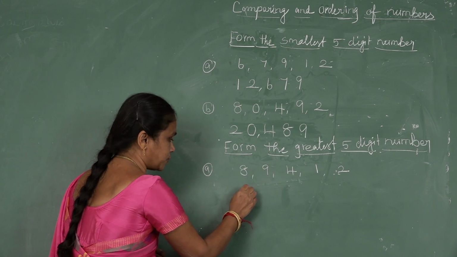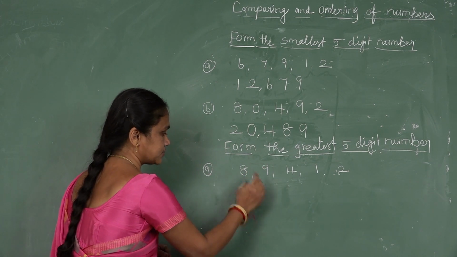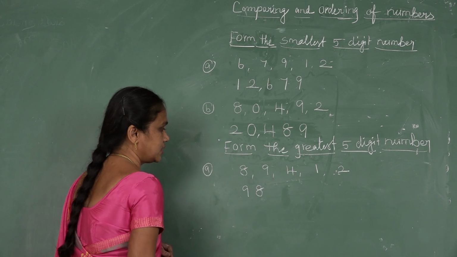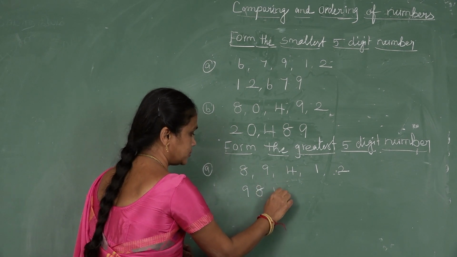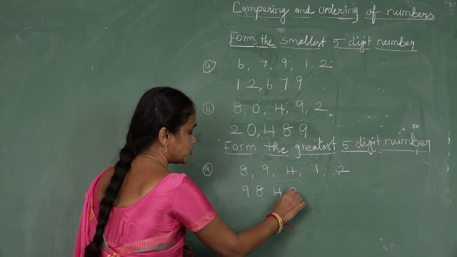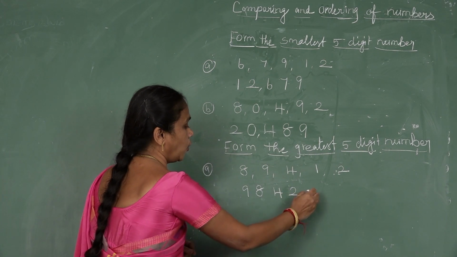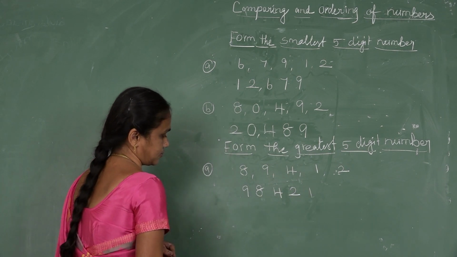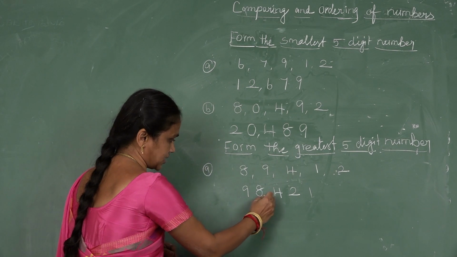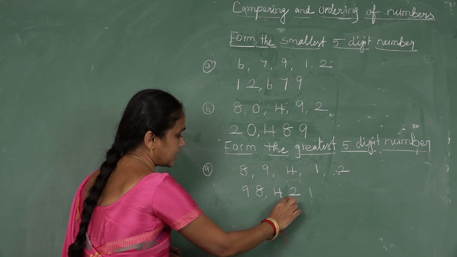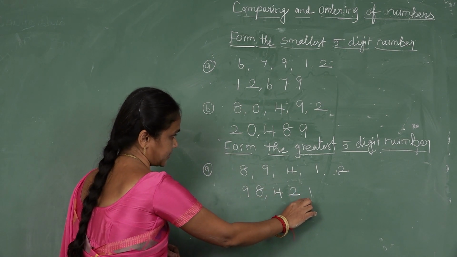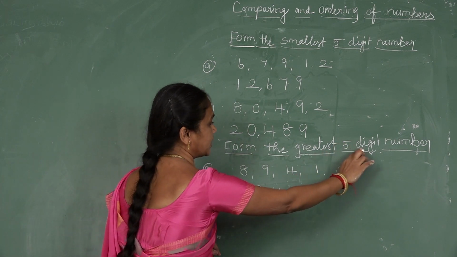We write 9 at first, then 8, then 4, then 2, then 1. 98,421 is the greatest 5-digit number.